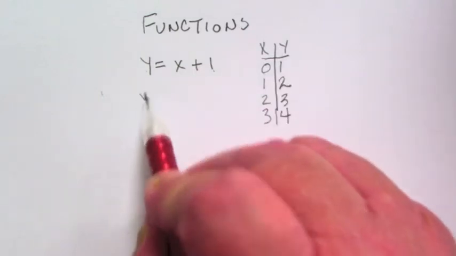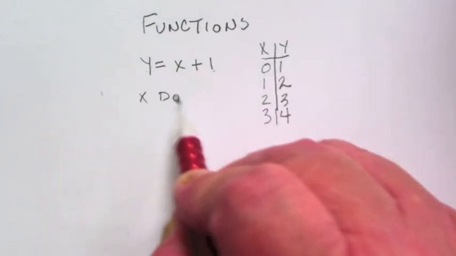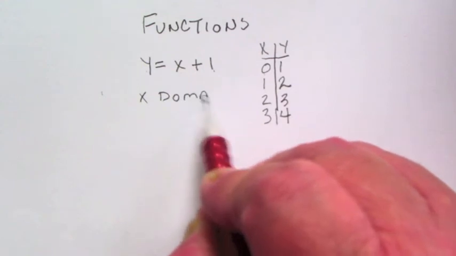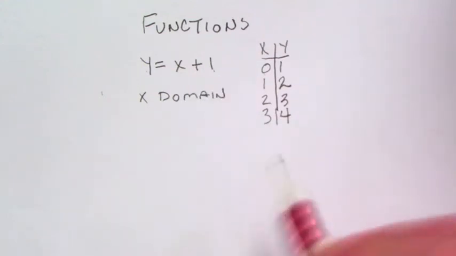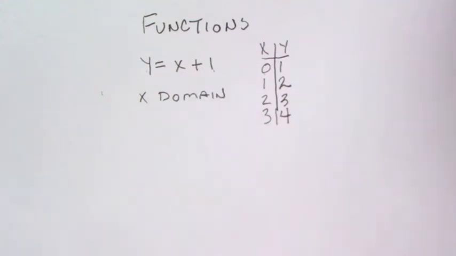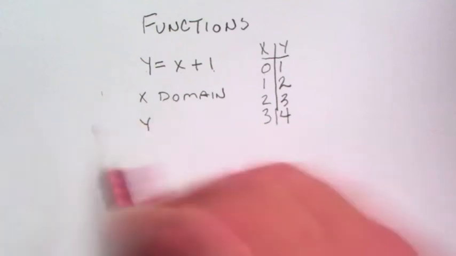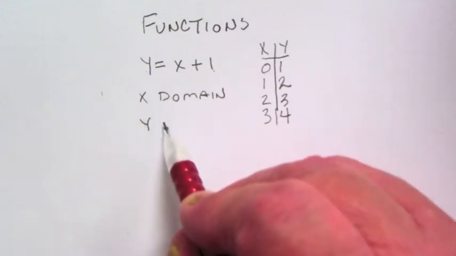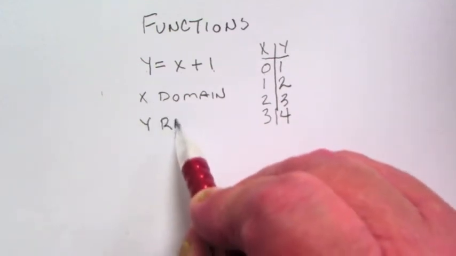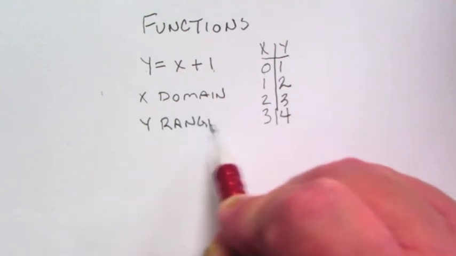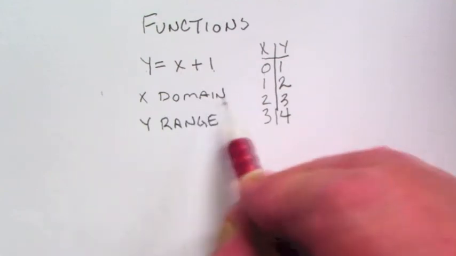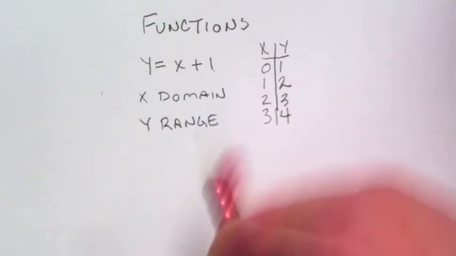The x's are called the domain. Usually they're always x's, but sometimes that could be another variable, but usually we recognize them as x's, and that's the input. Now the output, or the answer we get from that, is called the range. Other names for the domain are input or independent variable.